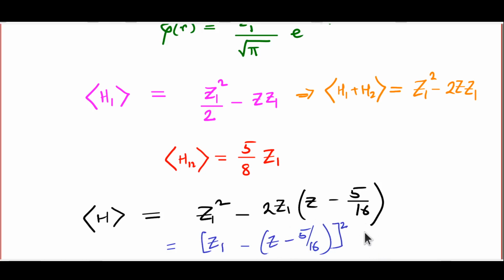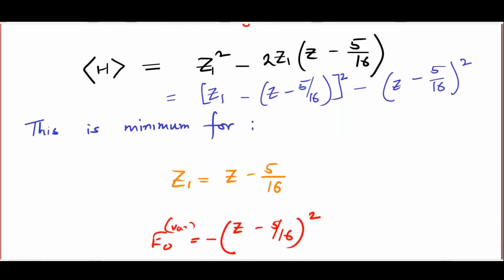This is simply a matter of completing the square, and the minimum value which the expectation value of H takes is Z minus 5 by 16 whole square with a minus sign in front of it.